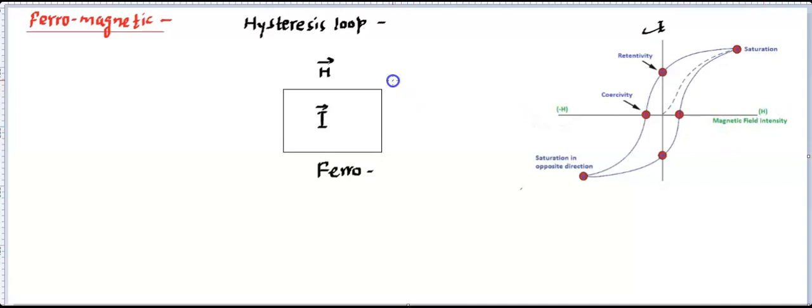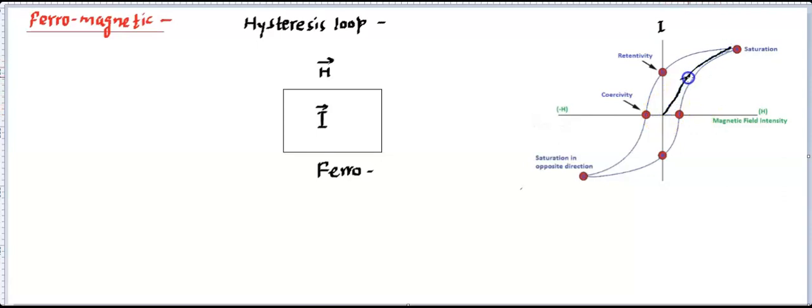Initially, if there is no H, then there will be no I. So it will start from the origin. And when we increase this H value, you'll find the I value increases. Moreover, this I value is not increasing linearly. So it does not go like this. Rather, it increases faster, and it goes something like this.